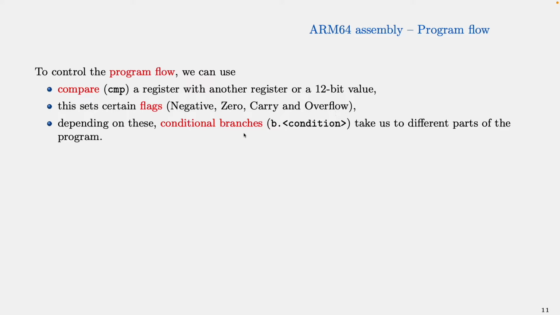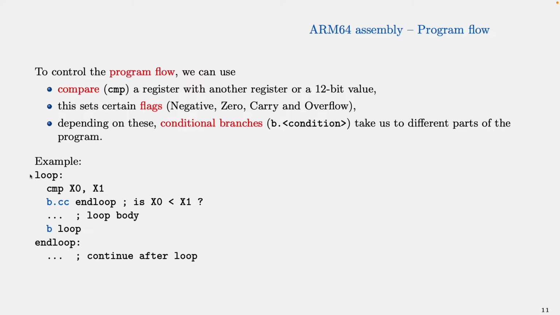Then we can control the program flow through conditional branches with the syntax b.condition. So b is always for a branch instruction, and the dot indicates that this branch instruction will be dependent on a certain condition, so on the state of these 4 flags. When this condition is satisfied, the branch will be taken, and if it's not satisfied, the branch will be ignored.